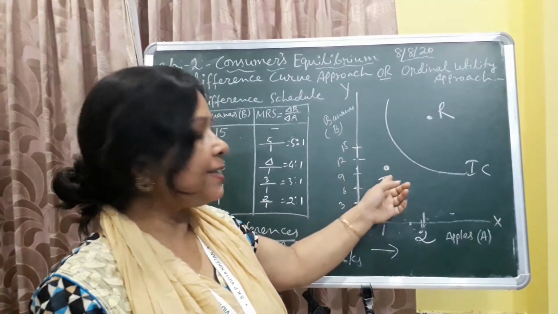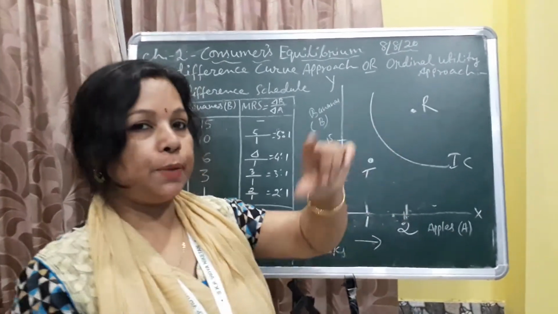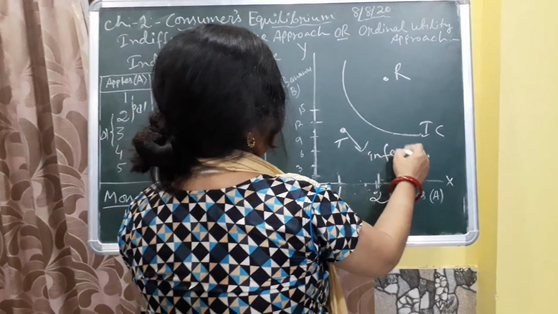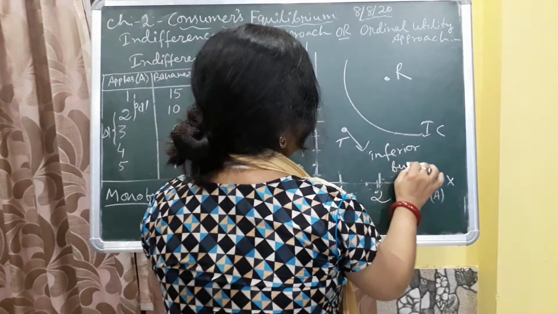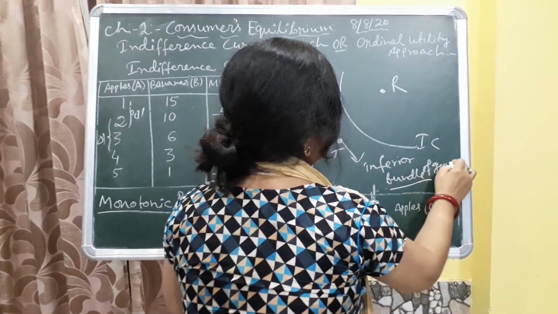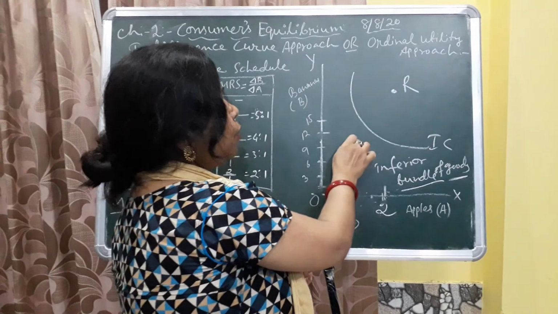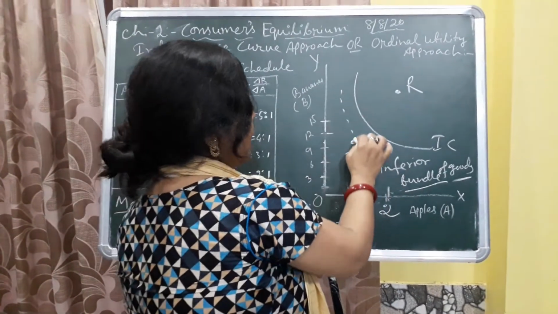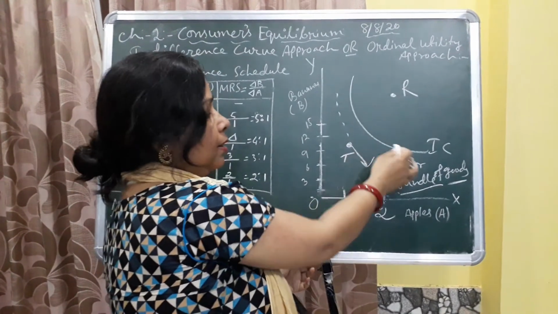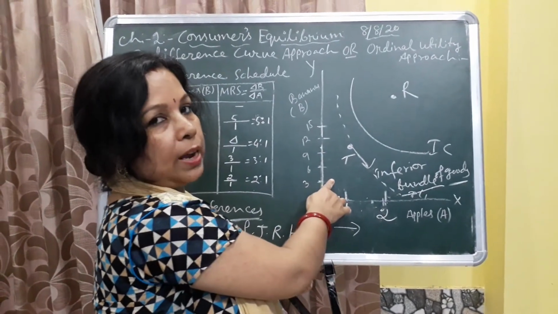The point T below the IC represents an inferior bundle of goods, bundle of goods because there are 2 goods. Inferior bundle, why? Because from this point if you draw another IC in such a way, this IC1 is below the IC curve, and below the IC represents a lower level of satisfaction.